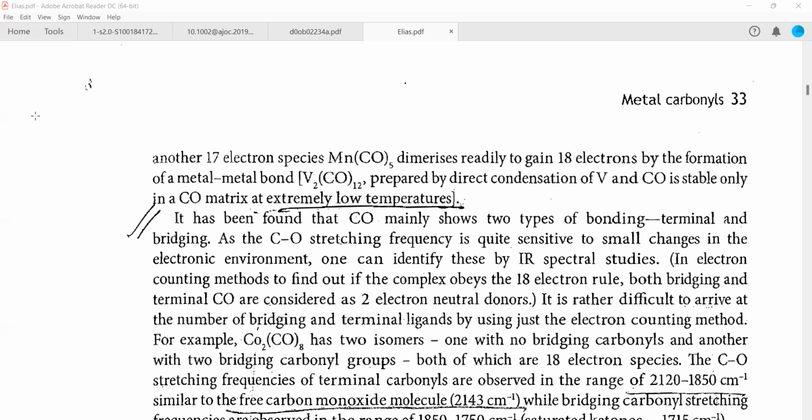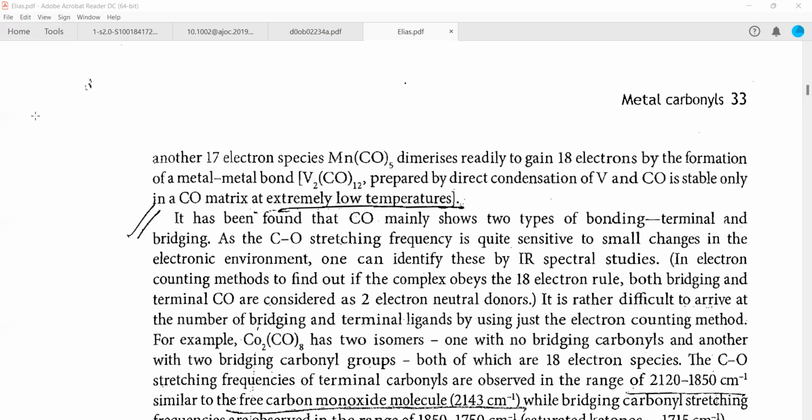Now, it is rather difficult to arrive at the number of bridging and terminal ligands by using just electron counting methods, since you only count 2 electrons for carbonyl for both terminal and bridging. So sometimes when you're counting just on paper, you don't know exactly how many carbonyls are bridging and how many are terminal.